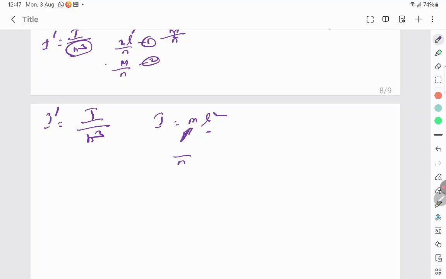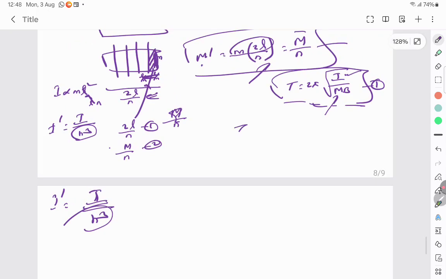Length square is inversely proportional to n square. So n square and n together will make it n cube. You don't have to derive it, just memorize this: the new moment of inertia is the original moment of inertia by n cube. If you know this, then you can substitute in the formula T is equal to 2 pi into root of, what is the new moment of inertia? Old moment of inertia by n cube by capital M.